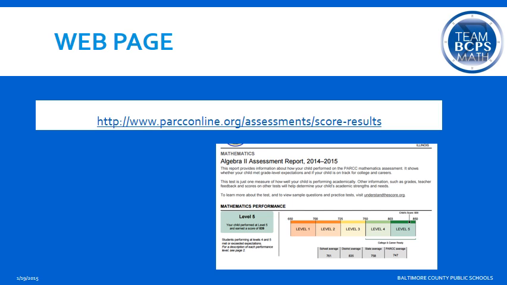Allow them a few minutes to look over what's on the score report. Now, they may have seen some by now with their students, depending on what grade level you teach, or they may not have seen this at all.